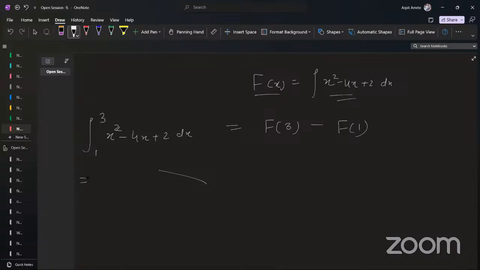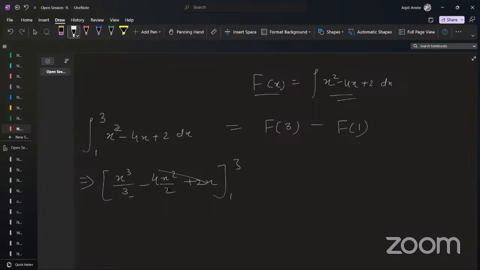So what will it be? Directly, x cube by 3 minus 4x square by 2 plus 2x. Since this is a definite integral, we will not introduce the constant, because it will vanish.